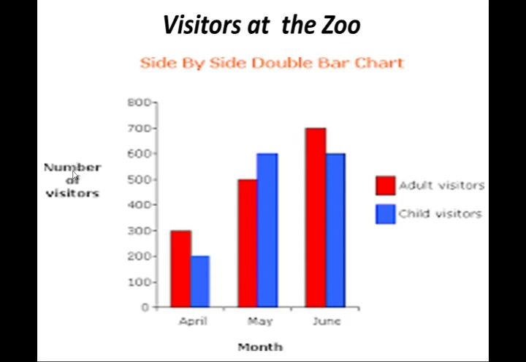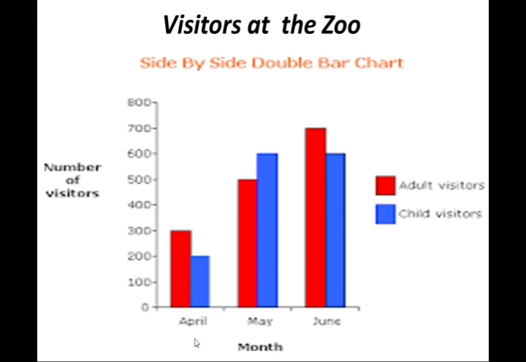The labels are telling you the number of visitors at the zoo. The month tells me that we have chosen 3 months in which this survey was done. Now, although there are 12 months in the year, this survey was only done over a period of 3 months. You choose the length of time that you want to do your survey.